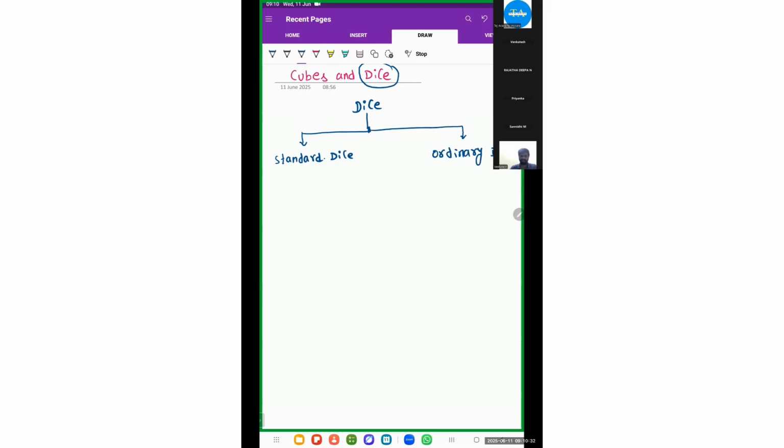What is a standard die and what is an ordinary die? A standard die is one where the opposite faces sum to 7.